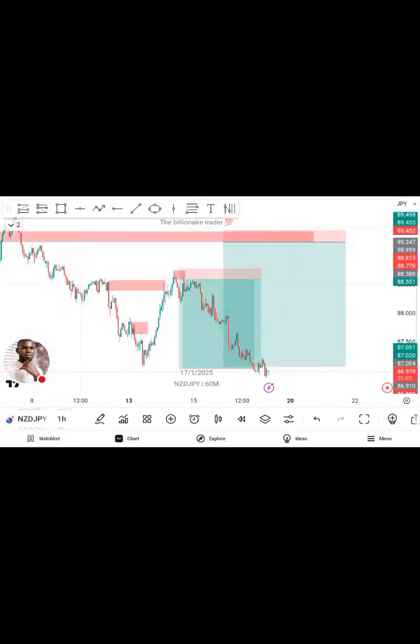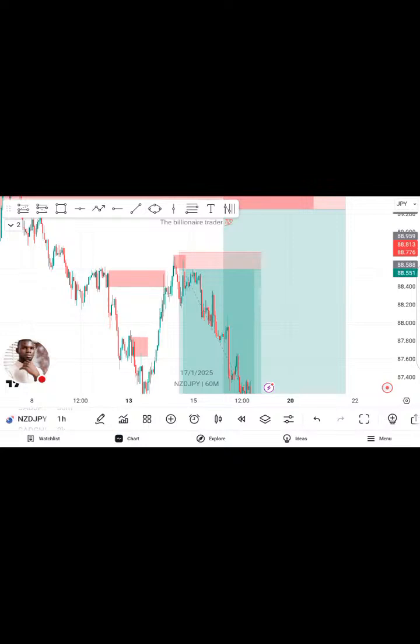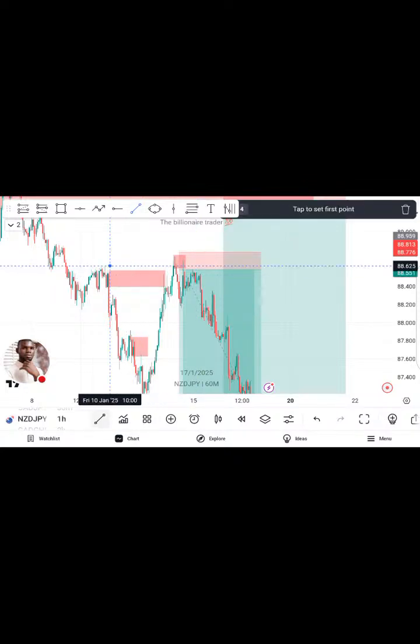For this one, I think I've explained this. Everything you see me explaining now, there are things that I learned while studying the charts, so I'm still trying to pick the best out of them.